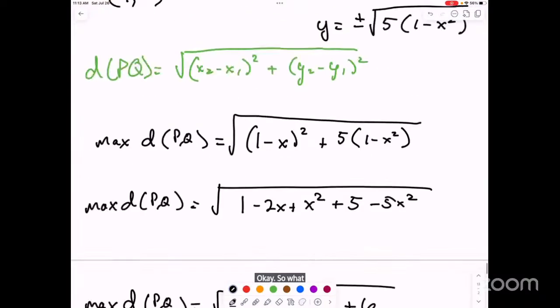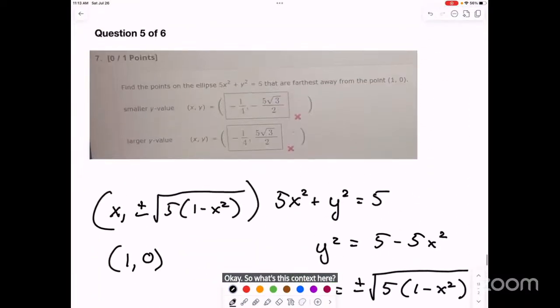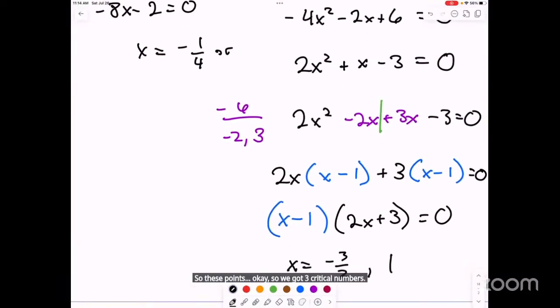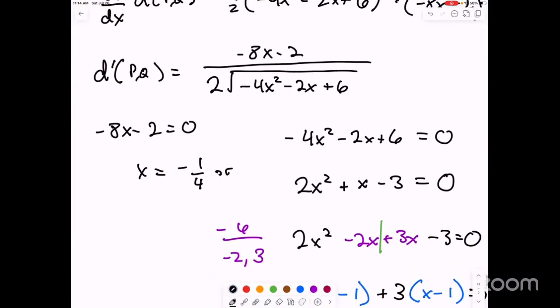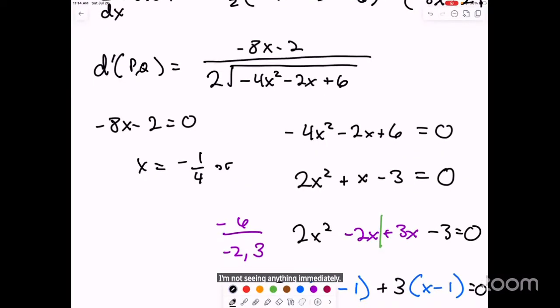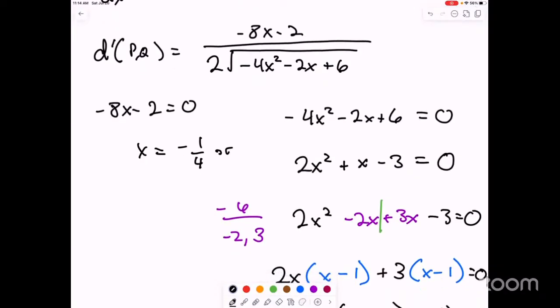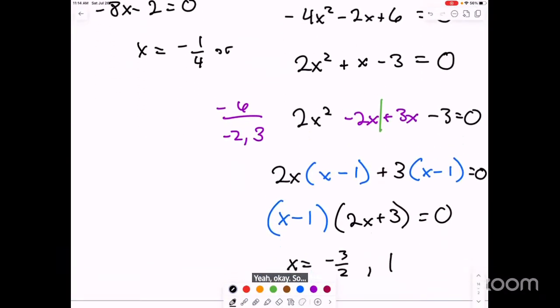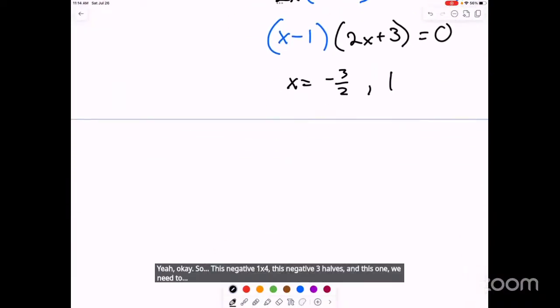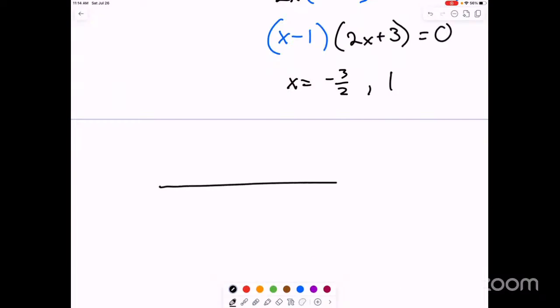So what's the context here? So we got 3 critical numbers. Here's our d prime. So this negative 1/4, this negative 3/2, and this 1, we need to do our first derivative test.